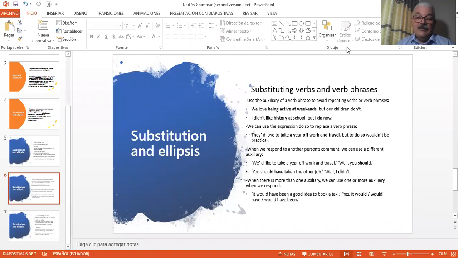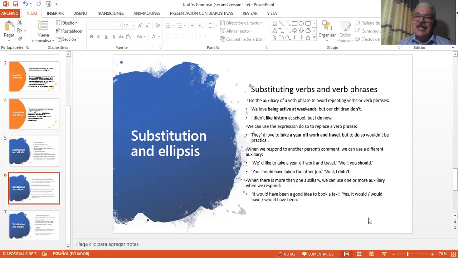And as I said, of course, we may substitute the second part, the same word, the same phrase, for another that would give us the idea of a different structure, okay? So we can say, for instance, in this case that I was explaining to you, I'd love to take a year off work and travel, but to do so wouldn't be practical, okay?